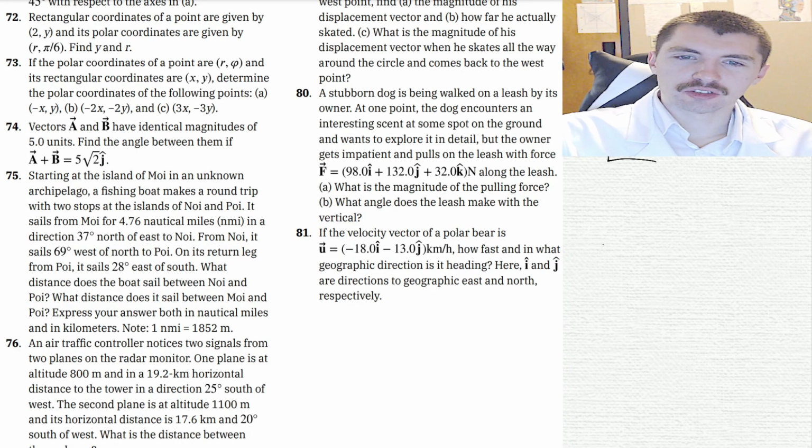If the velocity vector of the polar bear is u, okay, so it's going negative 18. Okay, so the speed should be the magnitude of the components.